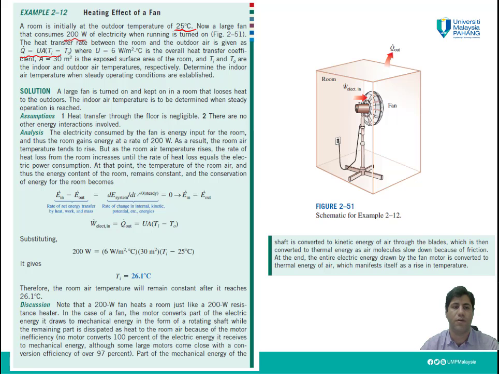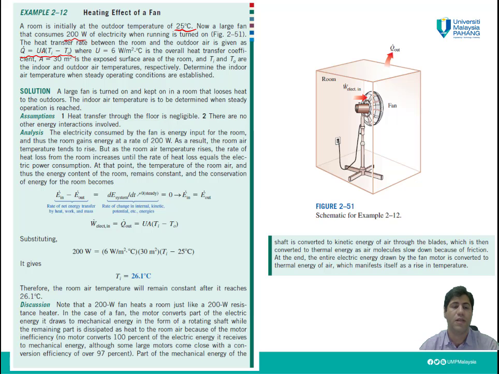So the equation for heat transfer for this room is like this: Q dot, the rate of heat transfer, is equal to UA (Ti minus To). Ti is the temperature inside the room, or indoor. To is the temperature of the outdoor, or outside of our system. A is the surface area of the walls and also the ceiling of this house, which are the surfaces for heat transfer.